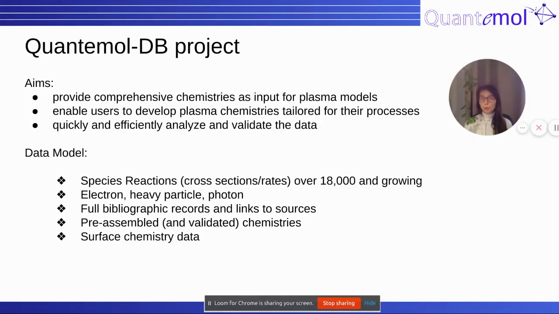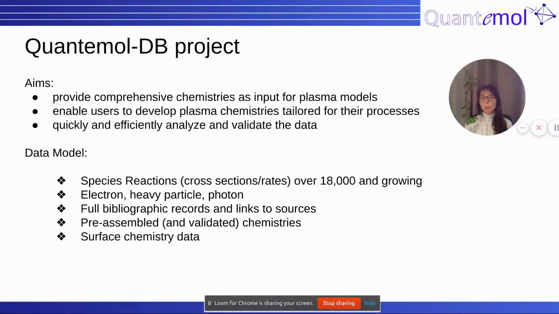First of all, I want to make a bit of an introduction to the QuantemolDB project. It was launched in 2016 and based on our customers' demand. People wanted to work with plasma modeling, but they also wanted to have a centralized place where they can find all kinds of reactions with heavy particles and electron scattering and various data which is needed as an input for plasma modeling.